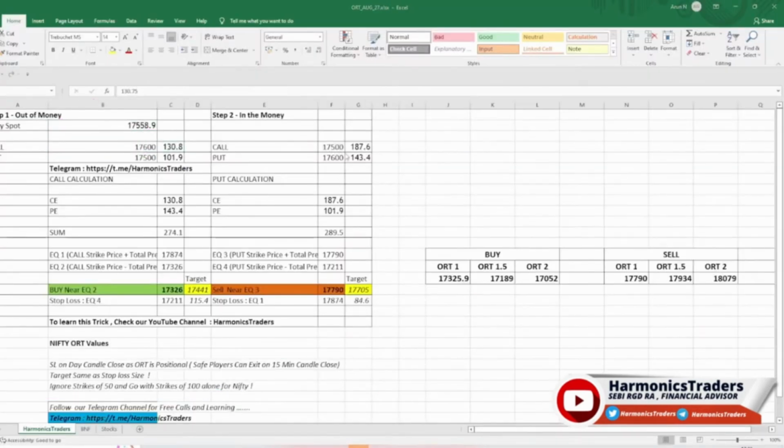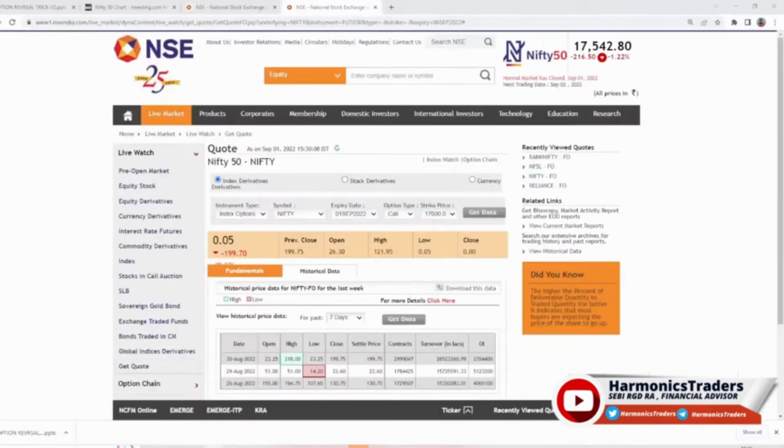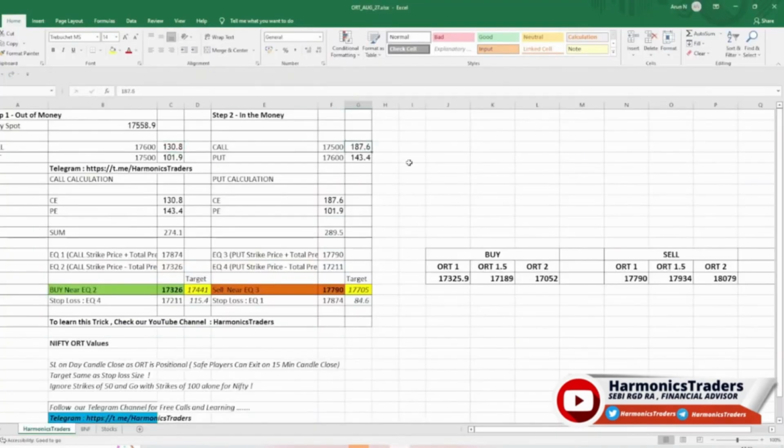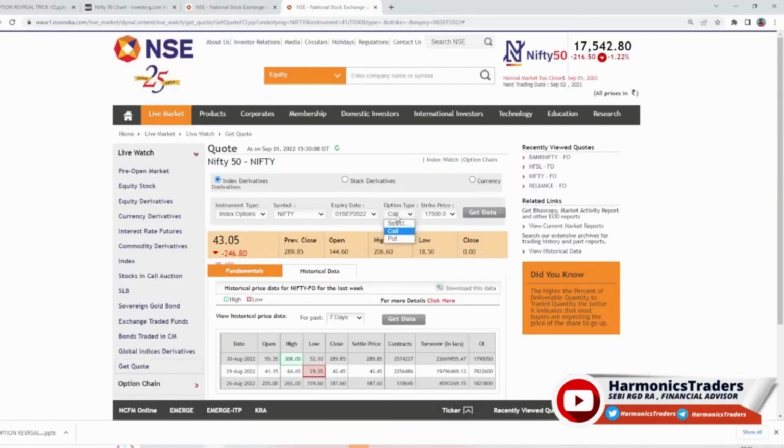Likewise, we need to find it for 17,500 CE. The close is 187 on August 26th, so we put 187. Likewise, we need to find it for 17,500 PE. We are just finding the values of out of the money and in the money CE and PE.